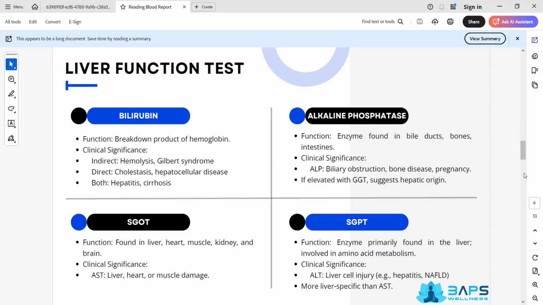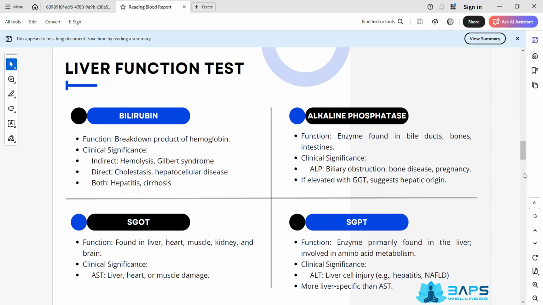Then another two common aspects with regard to the liver function test are SGOT and SGPT. Normally they say OT and PT, the OT and PT ratio. SGOT is found in the liver, heart and muscles, kidney and brain, generally. So it is not only related to the liver, but to damage in any muscle.